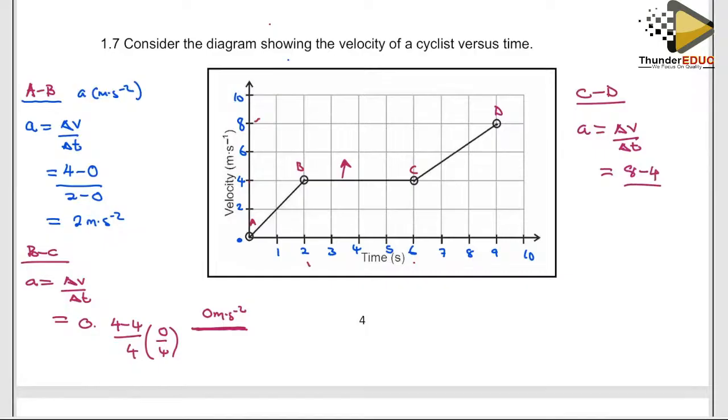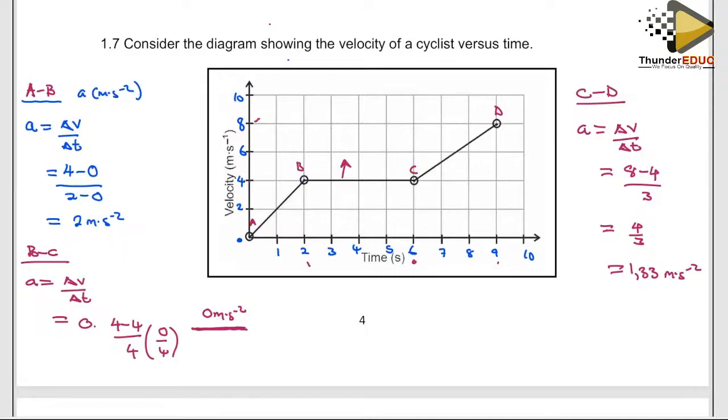The time we started at 6, now we're at 9. So 9 minus 6 is equivalent to 3. Therefore, I'm going to have 4 all over 3. So if I say 4 divided by 3, I'm going to get a value of 1.33, right? So my answer there is 1.33 meters per square second, right?